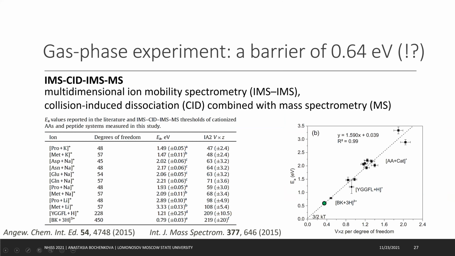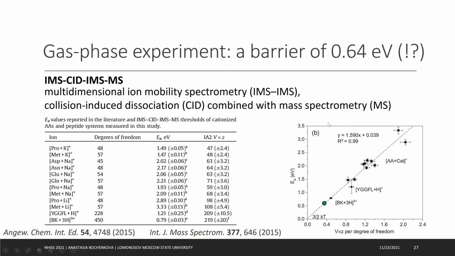So what's wrong, either with our calculations or with the experiment? Since I don't really have much time to discuss the experiment here, I'll only mention how we proceeded to correct the experimental results. Of course, these experiments are also quite complex. They are based on multidimensional ion mobility spectrometry with collision-induced dissociation combined with mass spectrometry for registration of the products.